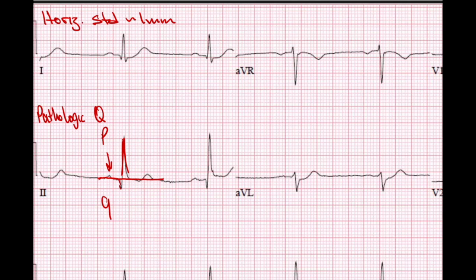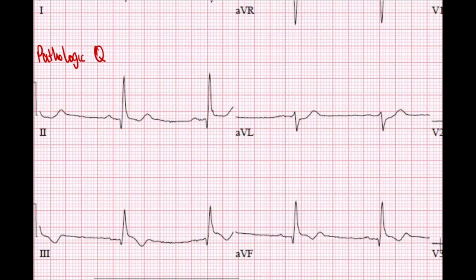That's R wave terminal slurring. And almost a little bit of a biphasic P wave, which is probably the beginnings of ST depression. But in this complex alone, we'll just say pathologic Q wave in lead 2. Although we're definitely going to keep an eye on that ST segment.